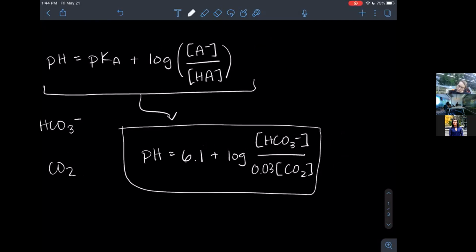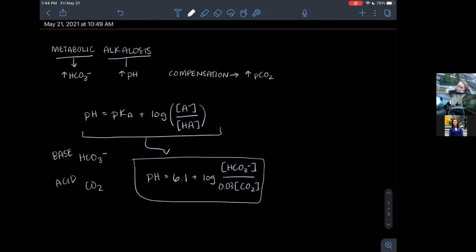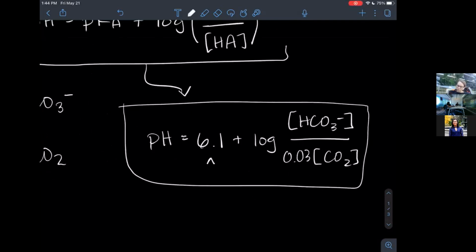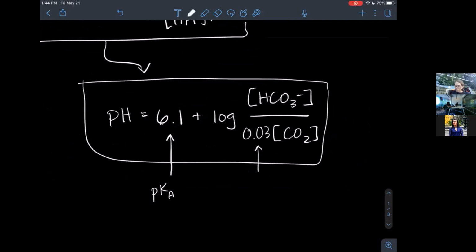So this is this magic formula that you just kind of have to know. Again, this is your pKa of carbonic acid, and this is your solubility constant.